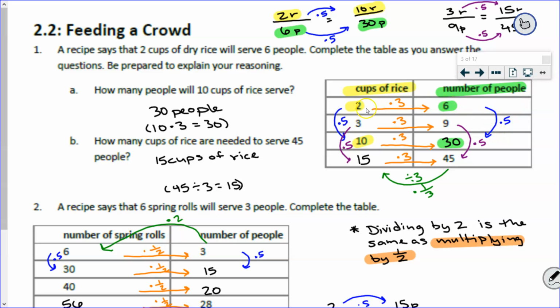So we always want to look for that pattern or relationship that will take us across the table. 2 times 3 is 6, 3 times 3 is 9, so we were able to use that and go 10 times 3 is 30, and use that same relationship working backwards: if I'm going forward to multiply by 3, to go backward, I would divide by 3, or multiply by 1/3.